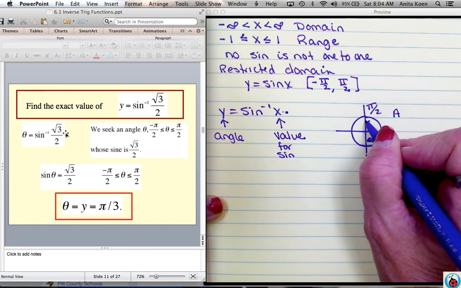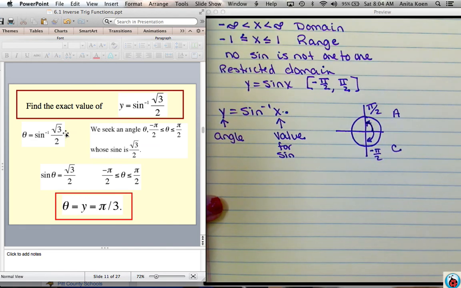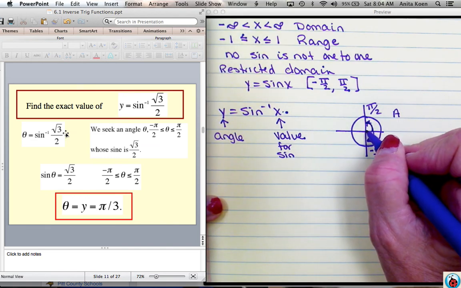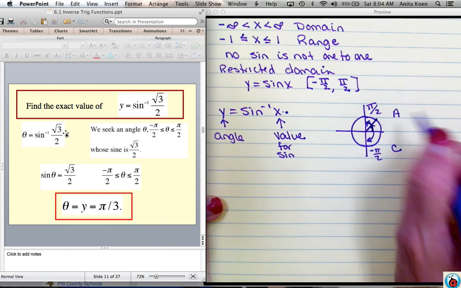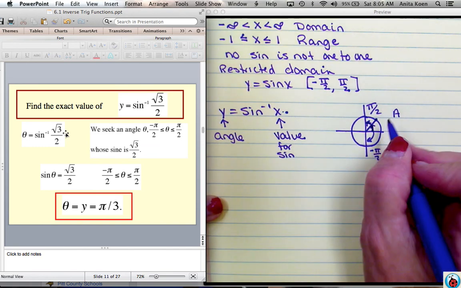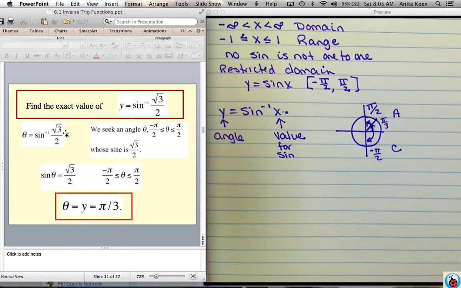So my angle has to be here in quadrant 1. And the angle in quadrant 1 that has a sine of the square root of 3 over 2 is pi over 3. So I should be able to look at these, know what it asks me, and answer the question.